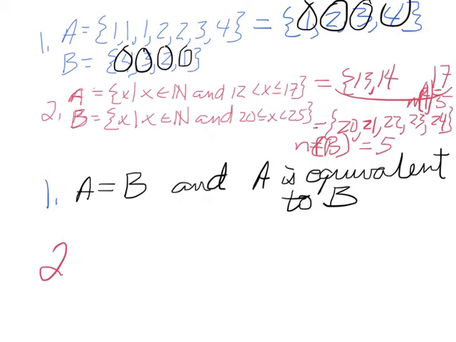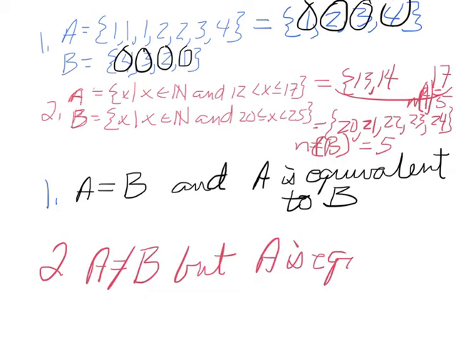So right away I can see that set A is not equal to set B in this case, but A is equivalent to B. In other words, they have the same cardinal number. Now you can have situations where the sets are not equal and not equivalent, and basically one set has to have at least one more element than the other.